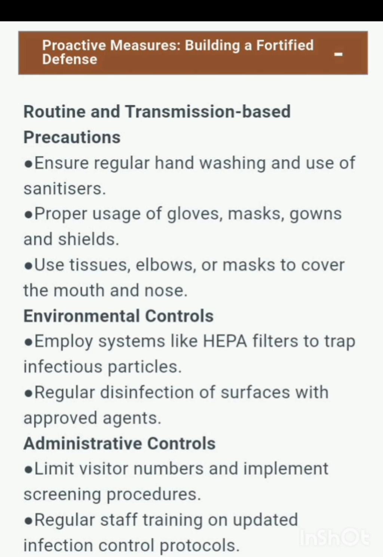Environmental controls. 1. Employ systems like HEPA filters to trap infectious particles. 2. Regular disinfection of surfaces with approved agents. Administrative controls. 1. Limit visitor numbers and implement screening procedures. 2. Regular staff training and updated infection control protocols.